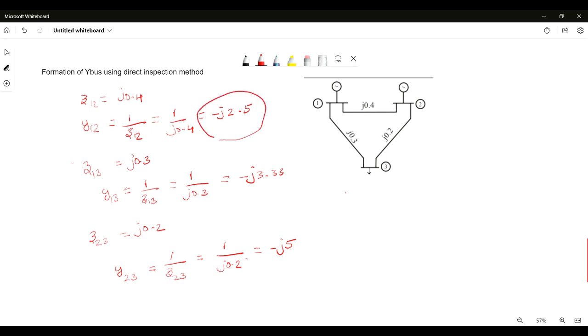It is very easy to form the bus admittance matrix using the direct inspection method. We already know that Y bus is the bus admittance matrix.